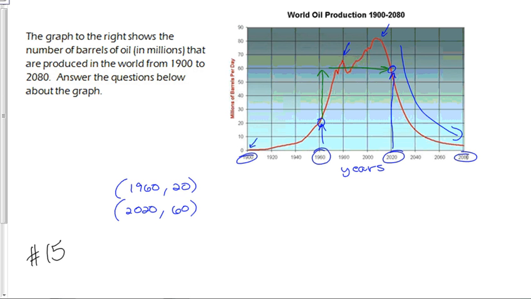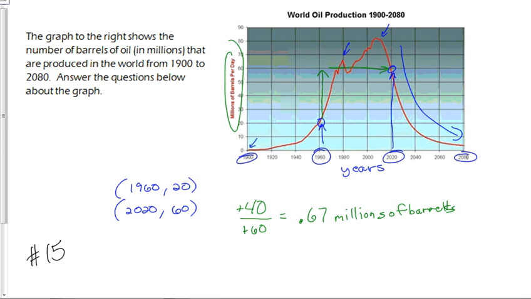So how far does it go up? It goes up from 20 to 60. That would be 40, and it's positive because it's going up. And the run goes from 1960 to 2020. That is positive 60 because it's going right. So when you divide those two numbers, you end up with 0.67. And now we need units. The rise units had to do with millions of barrels per day. So I'll just say millions of barrels.